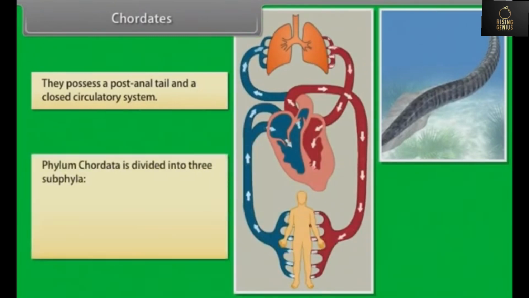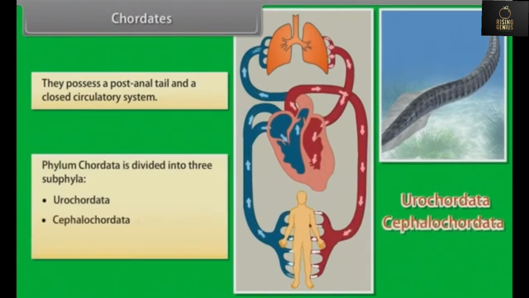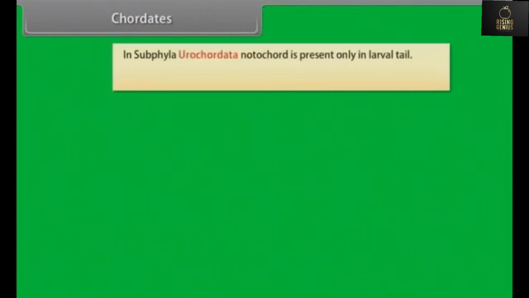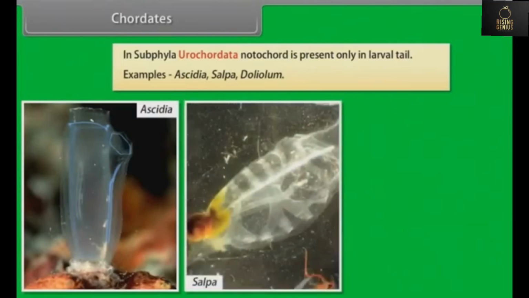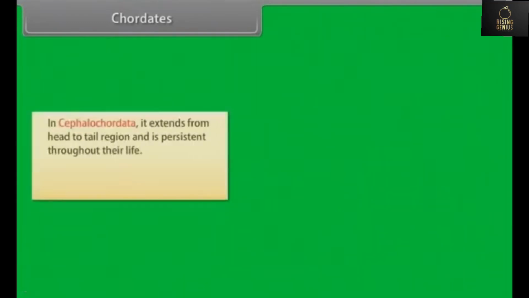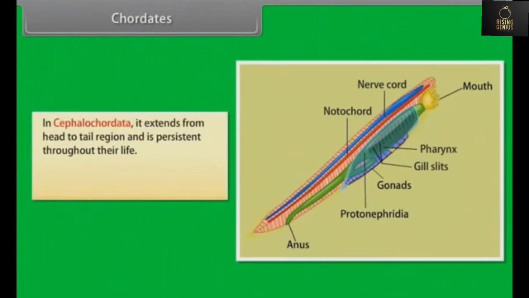Phylum Chordata is divided into three subphyla: Urochordata, Cephalochordata, Vertebrata. In subphylum Urochordata, notochord is present only in larval tail. Example: Ascidia, Salpa, Doliolum. In Cephalochordata, it extends from head to tail region and is persistent throughout their life. Example: Branchiostoma, Amphioxus and Lancelet.